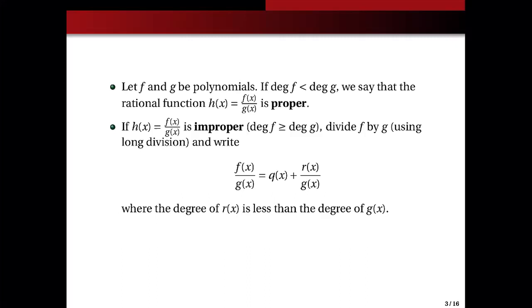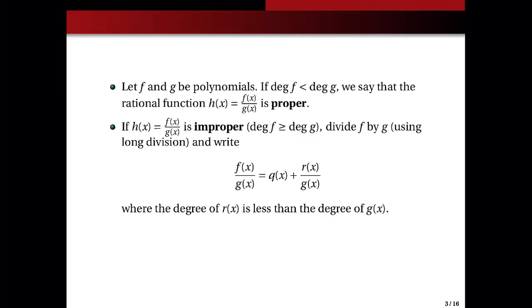Meaning, when you divide f of x over g of x, where the degree of f of x is greater than or equal to that of g of x, what you will get is a polynomial plus a proper rational function.